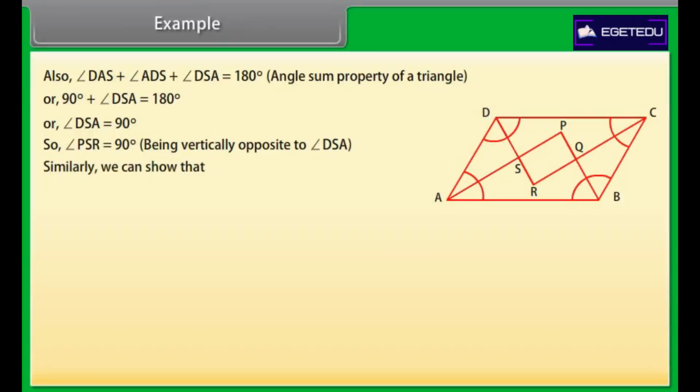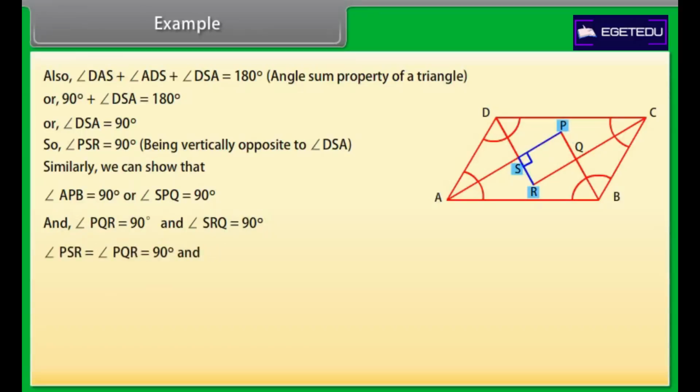Similarly, we can show that angle APB is equal to 90 degrees, or angle SPQ is equal to 90 degrees, and angle PQR is equal to 90 degrees, and angle SRQ is equal to 90 degrees. We can see here that angle PSR is equal to angle PQR, which equals 90 degrees, and angle SPQ is equal to angle SRQ as 90 degrees.